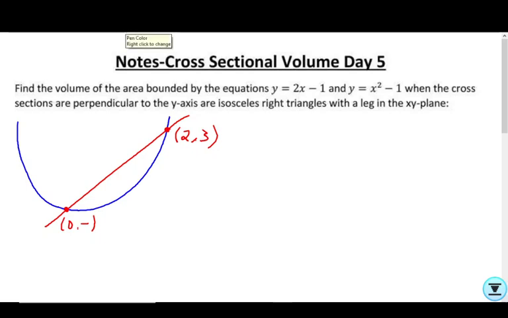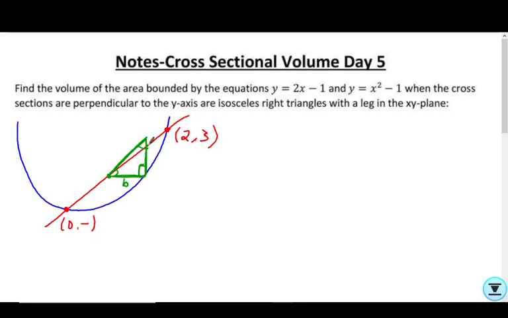Now, our cross sections are going to be isosceles right triangles, and it says a leg is in the xy plane. They're perpendicular to the y-axis, which means they're going to look like this. Here's the base, here's my 90, and then here's my isosceles right triangle, like that. Okay?